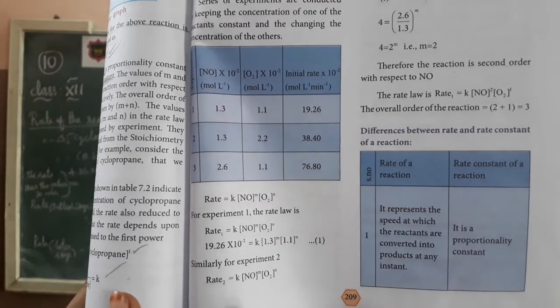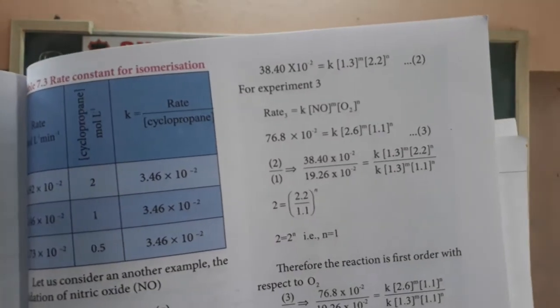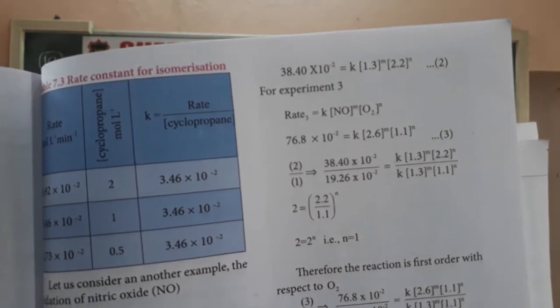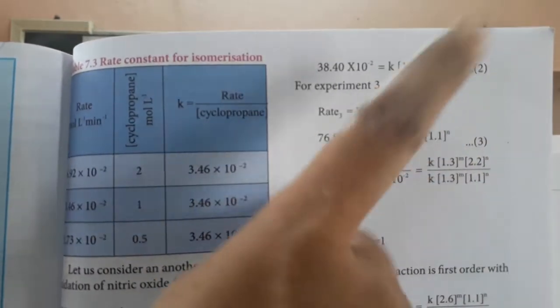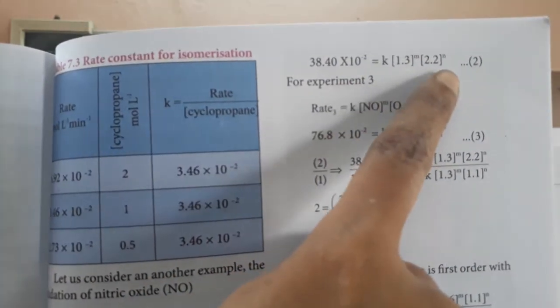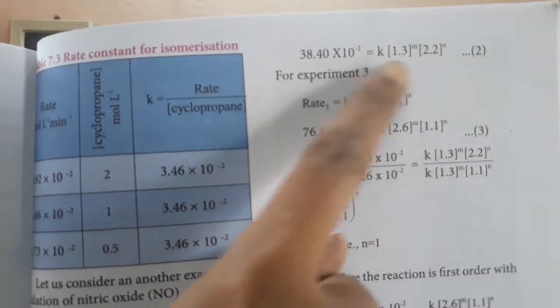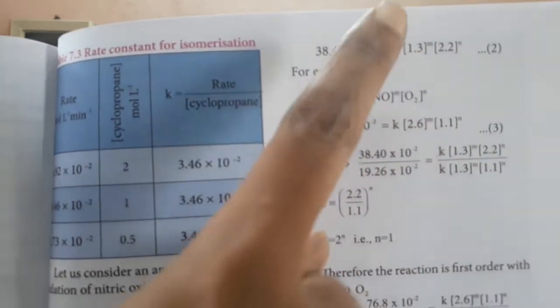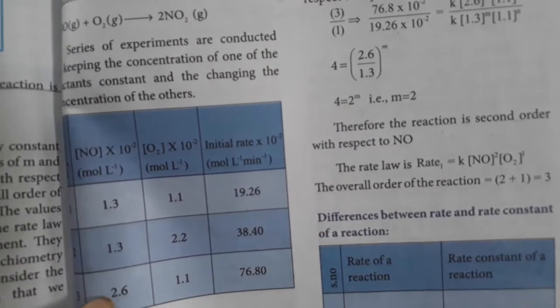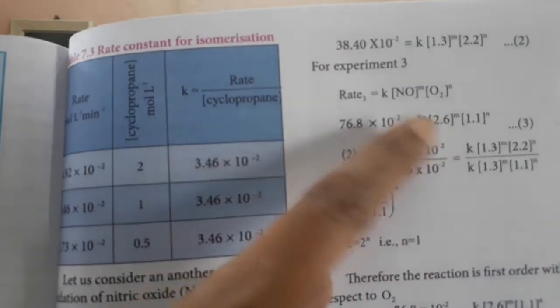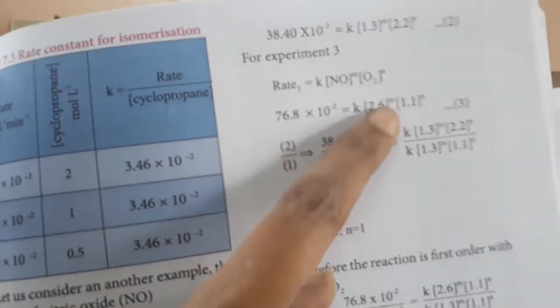Then for experiment 2, the rate is 38.40 into 10 to the power of -2, and the NO value, the nitrogen monoxide value, as well as the oxygen value, you implement in the same way. In the same way in the tabulation, experiment 3 is 76.80, 2.6, 1.1. Okay, so write these 3 values first in the rate of reaction order.